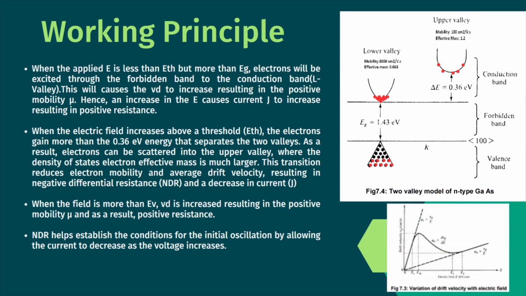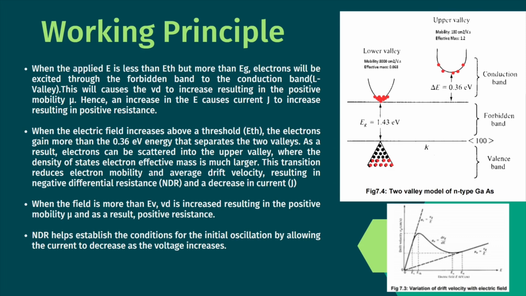To understand the working principle of a Gunn diode, we first need to understand how the Gunn diode can create the negative differential resistance (NDR) region, where the current will decrease as the voltage increases. This NDR region will serve as a basis for oscillation to work.